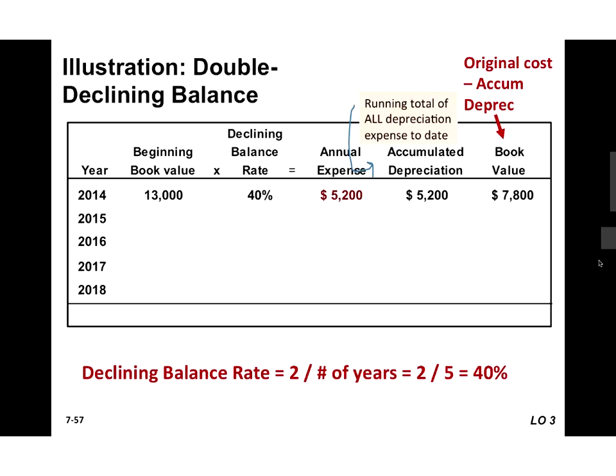Now, for year 2, the beginning book value is last year's ending, so we'll have the $7,800. That $7,800 we ended last year with becomes this year's beginning book value, times 40%, which will give us the depreciation for this year, $3,120.